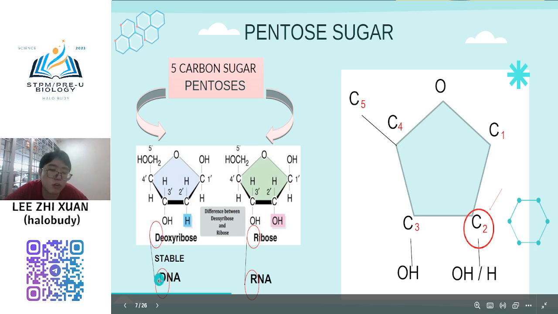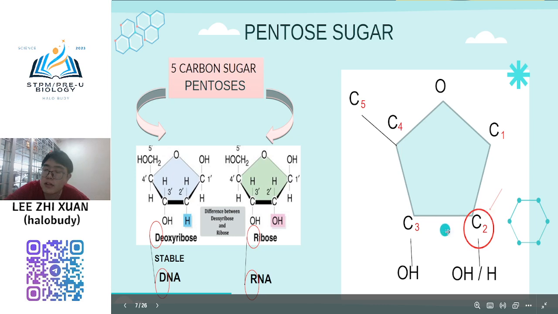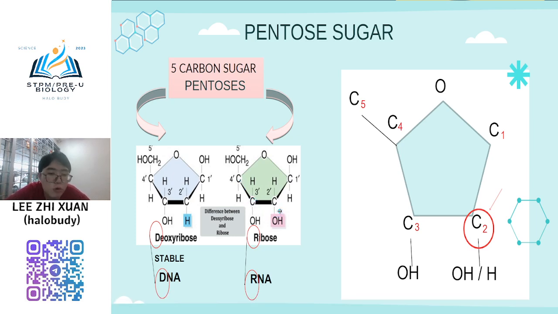They just take the short forms DNA and RNA. So deoxy means there is no oxygen in carbon number 2. This is just a larger picture; I just want to show you carbon number 2 only. You need to remember carbon number 2, not carbon number 1, not carbon number 4, not carbon number 3. Carbon number 2.